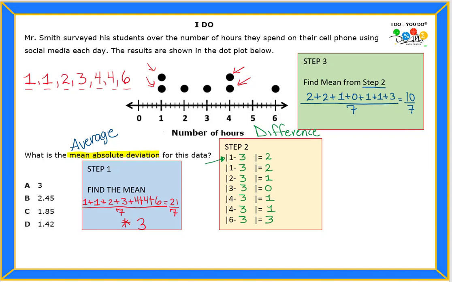So what is 10 divided by 7? It is going to be a decimal, right? So we have 1.42, and of course it has more numbers after the decimal, right? After that 42, but that's more than enough. Look at the answer choices. And my answer will be, yes, letter D. That's my answer right there. Awesome.